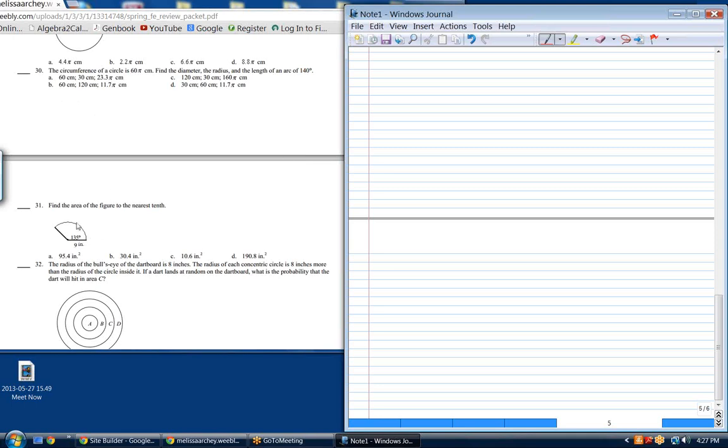All right. So here's an area of a sector problem, 31. So start out with the area of the full circle. 2 pi r. No. Oh, the area of the circle. I saw r and I thought circumference.